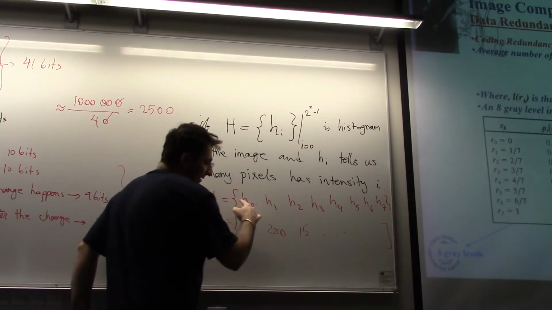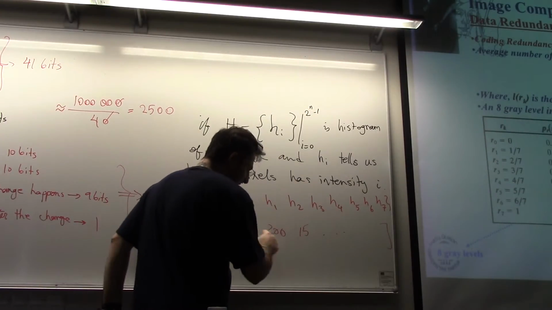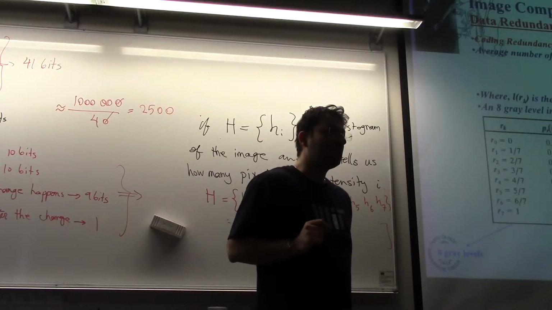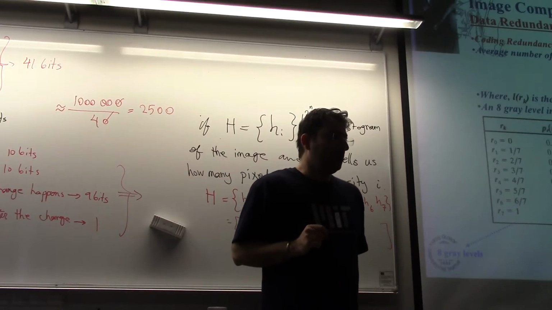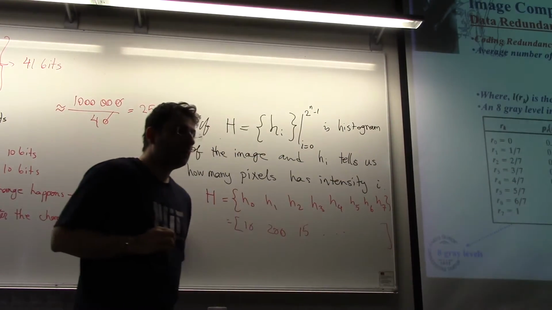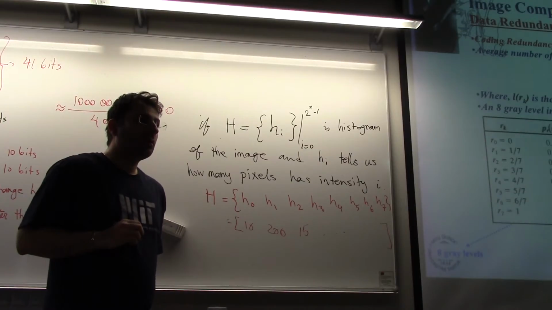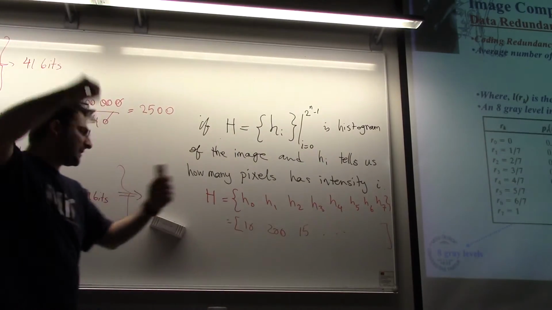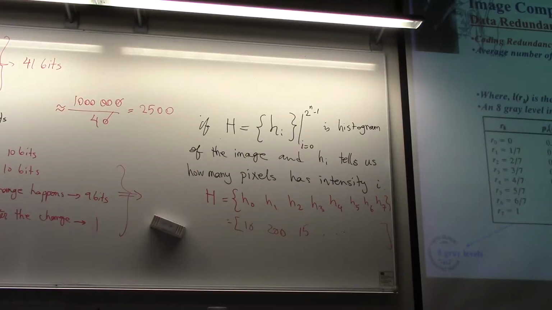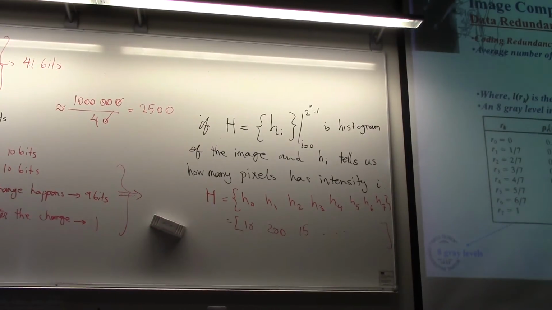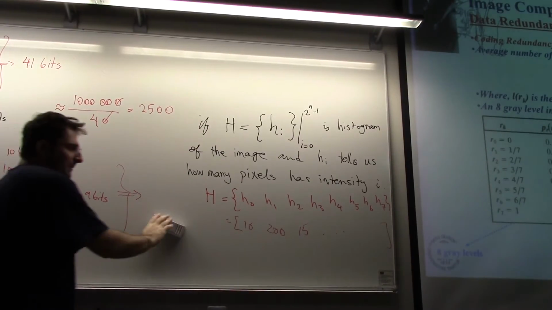Thomas, if I add all these h values, what do I get? Martin? We'll get the number of pixels. Yeah, the total number of pixels. Like in here, it was about 1,000 by 1,000, so I will get 1 million, right?